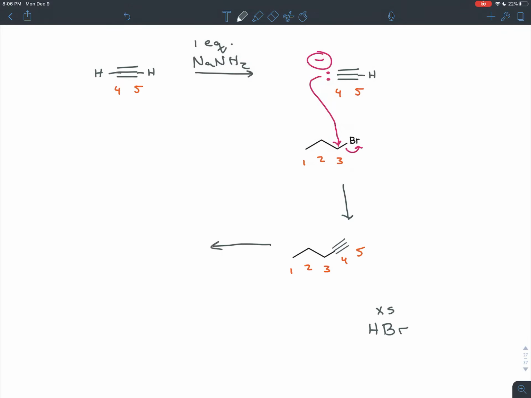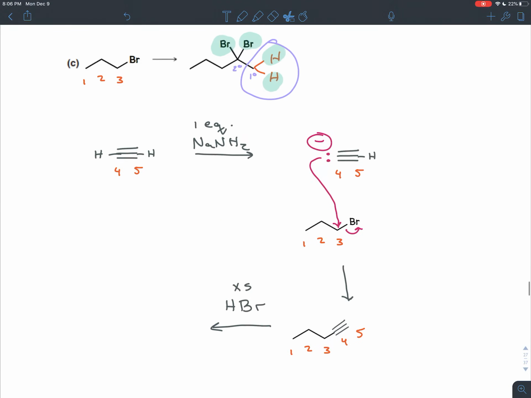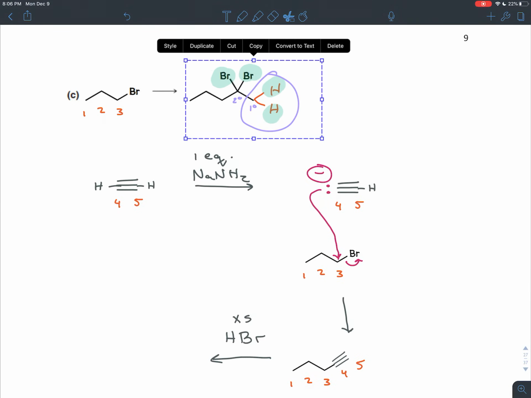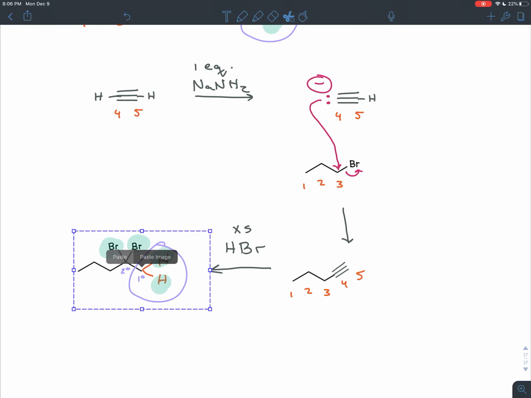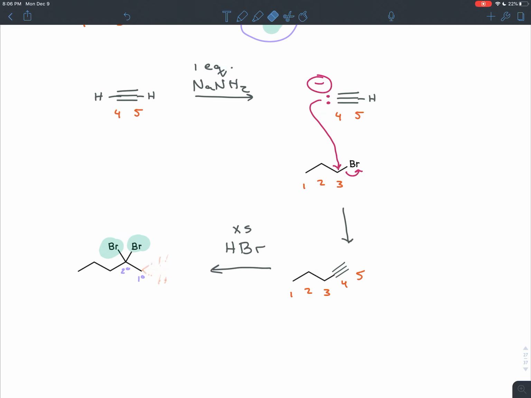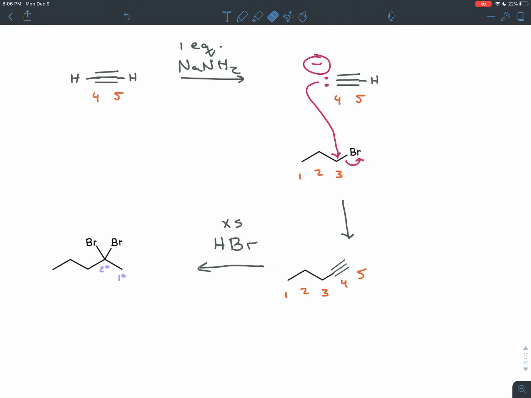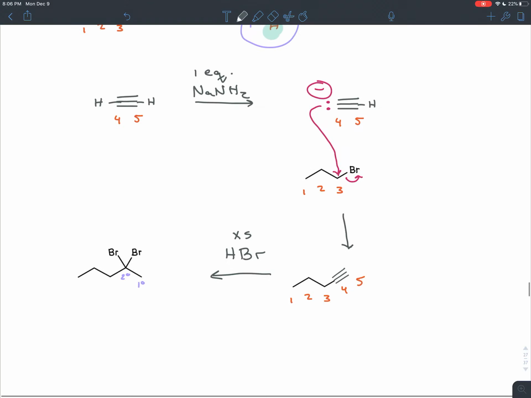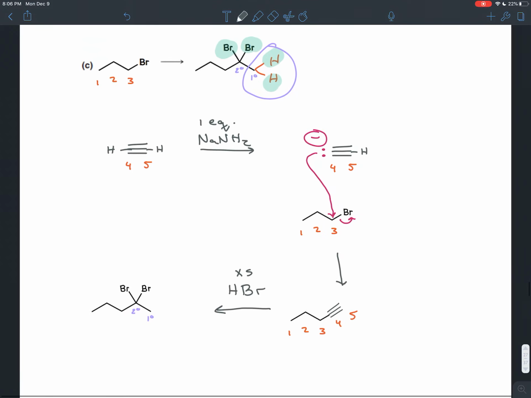So, if we treat that alkyne with excess HBr, we will end up getting our product. We'll add 2 hydrogens and 2 bromines. The hydrogens will go on the less substituted carbon, and the bromines will go on the more substituted carbon.